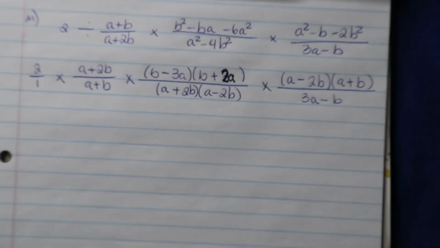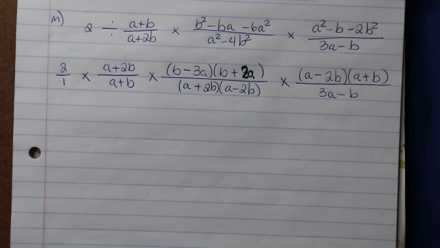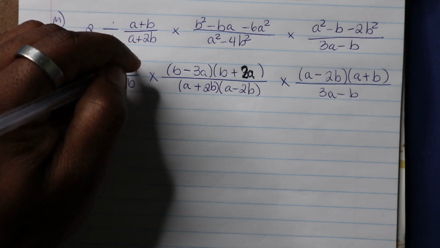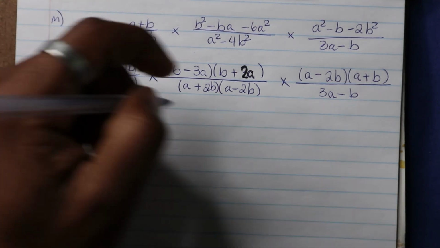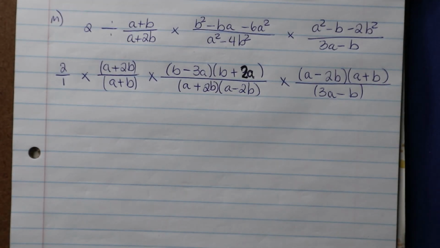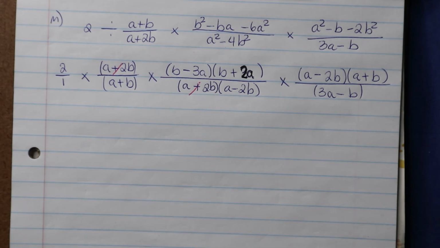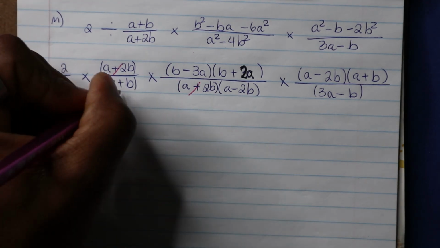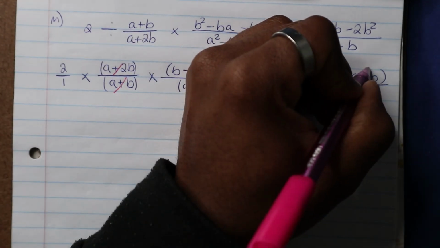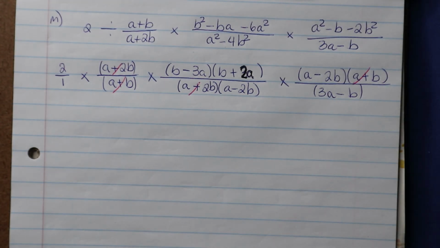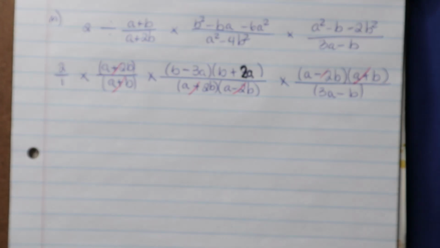So having a look at that, we start to look for things that can cancel each other out, right? Let's put those in brackets. So we'll start to look for things that can cancel each other out. We see that this and this cancel each other out. We see that this a plus b cancels that out. We see that this and this cancel each other out.